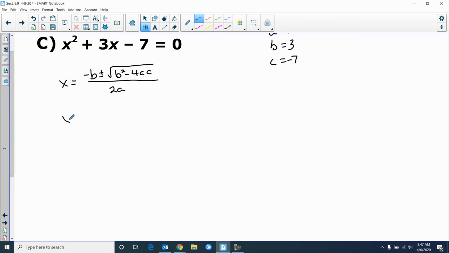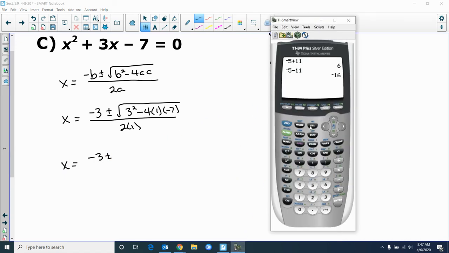Now we're going to substitute in. X equals the opposite of B, -3, plus or minus the square root of B squared, which is 3 squared, minus 4 times 1 times -7, over 2 times 1. All right, what is underneath the square root?